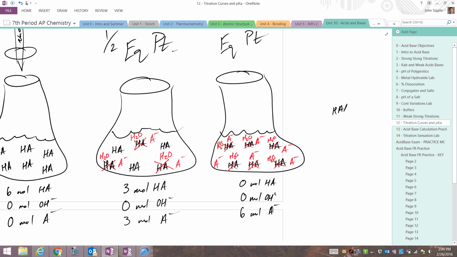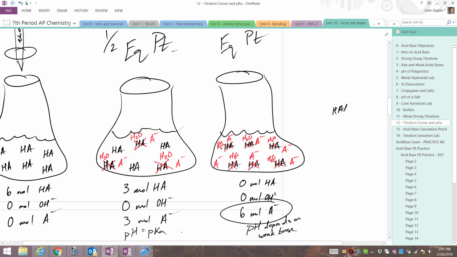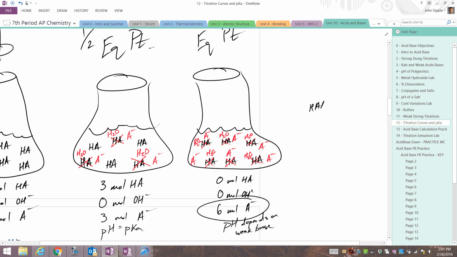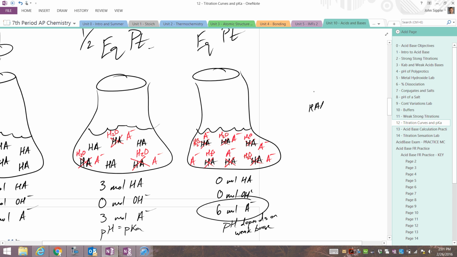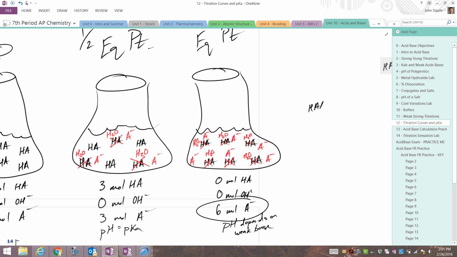All right, so pH is going to totally depend on that, right? Right, and now the very last point here, at any point thereafter, right?